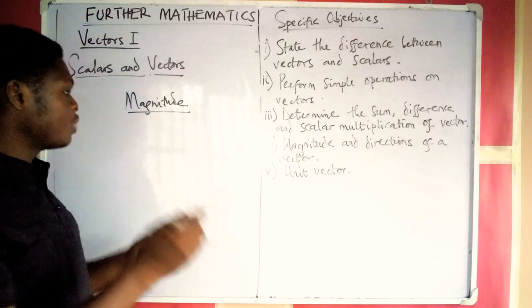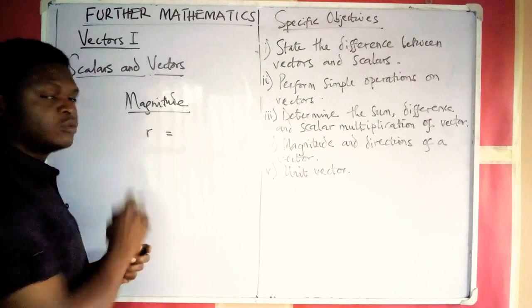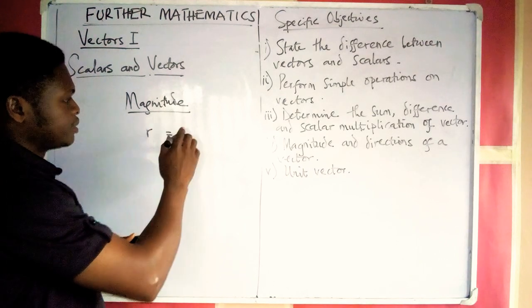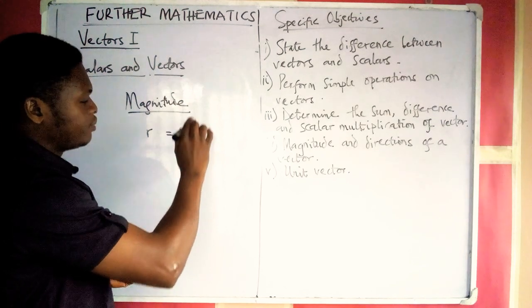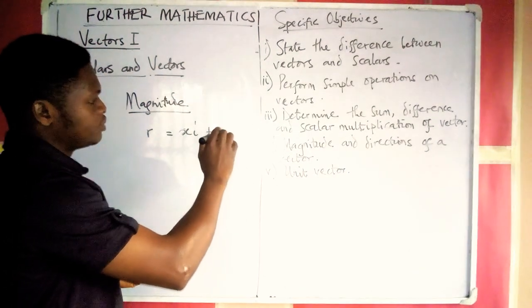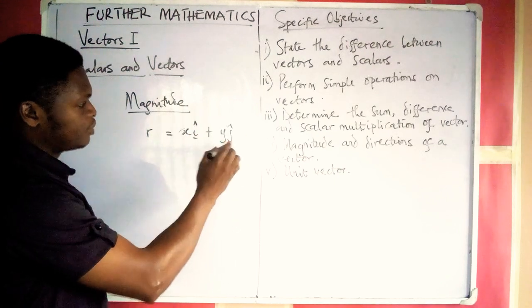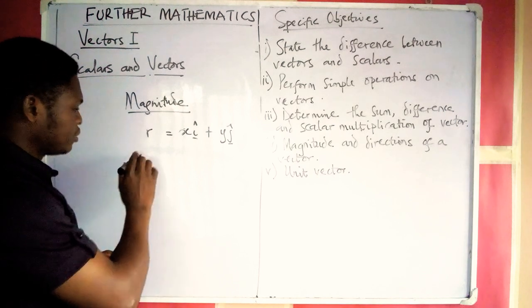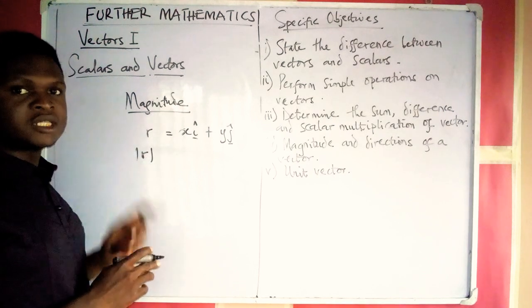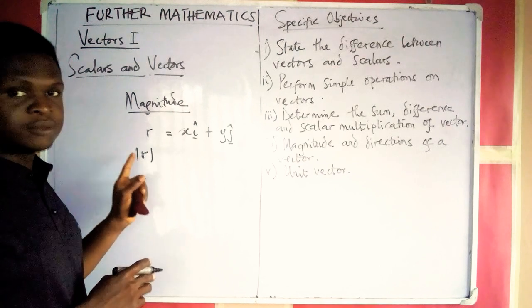In the sense that if we have a vector, for example, let's say a vector r, which is given as x in direction i plus y in direction j, these are called the unit vectors, then the modulus of this can be written as the absolute value of r, which is the same as the modulus.